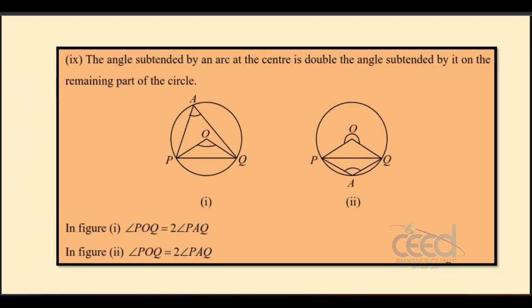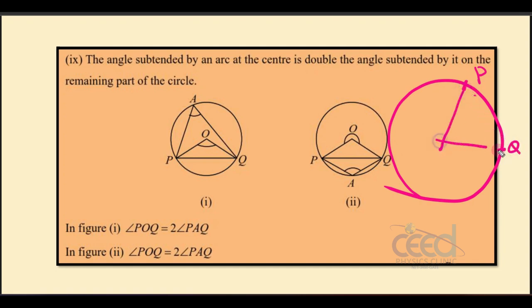Now another question, this is very important. Suppose I draw one chord like this. Now suppose this is one arc PQ. With the center O it makes an angle theta.